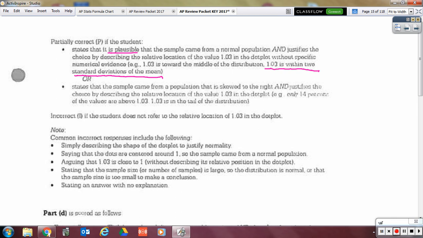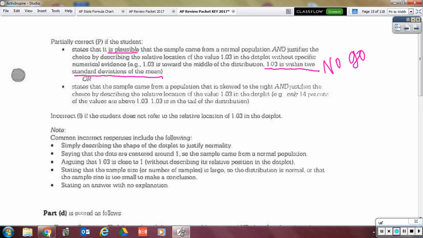But can you reject or fail to reject a hypothesis test with a z-score? No, it has to be a what? P-value. So that's why this is a no-go. You don't have statistical evidence with a z-score.